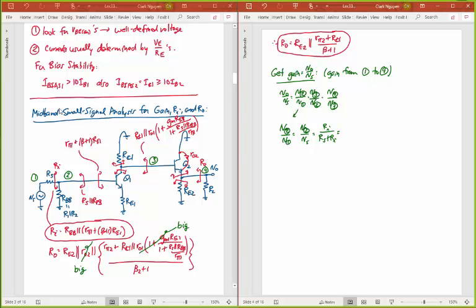And we know what Ri is, right? We already wrote that down, but just to be complete, I'll write this whole thing as RBB times R pi 1 plus beta plus 1 times RE1, divided by Rs plus that exact same thing.